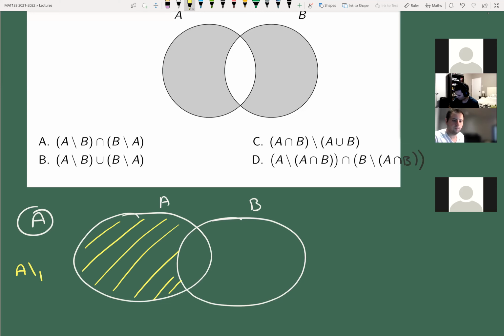This is A without B. Does everyone agree? And B without A is this part. Right? Okay. And now it says intersect them. And if we intersect them, we're looking at where they overlap. So their intersection is empty.